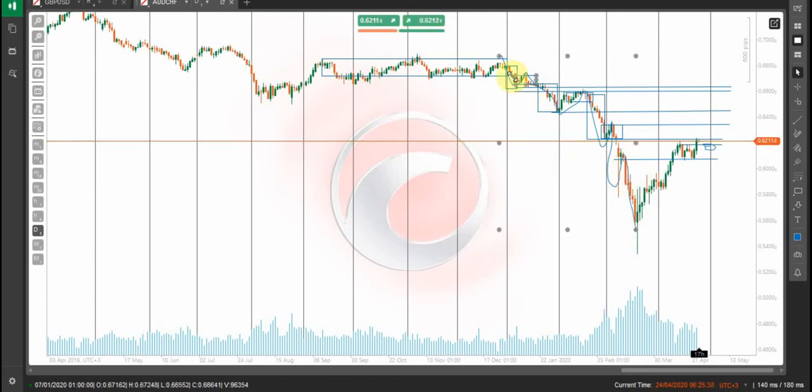See how many moves? In our rules, every 9 moves is a very high probability spot to enter a reversal trade. You can see here it has moved for 9 moves already.